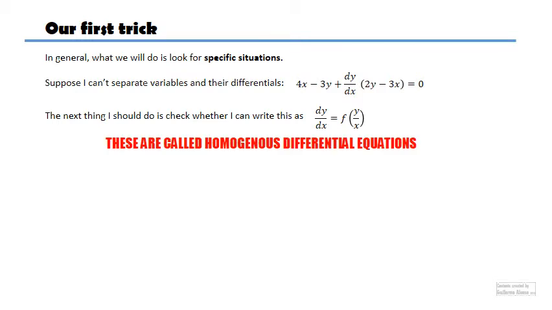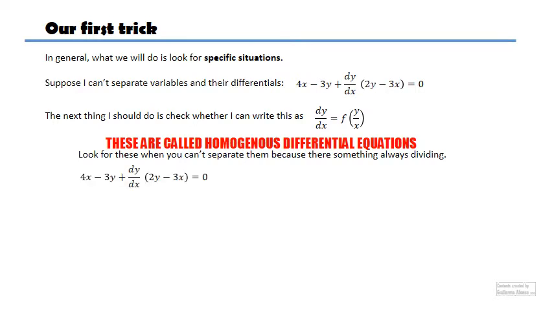So these are the homogeneous differential equations, and that's what you have to keep in mind. There's something always dividing. So in this equation, if I take 4x minus 3y to the other side, I end up with this. Now I divide by this part here, and now I have the differential alone on one side of the equation. Now, how do I turn this into a function of y over x?